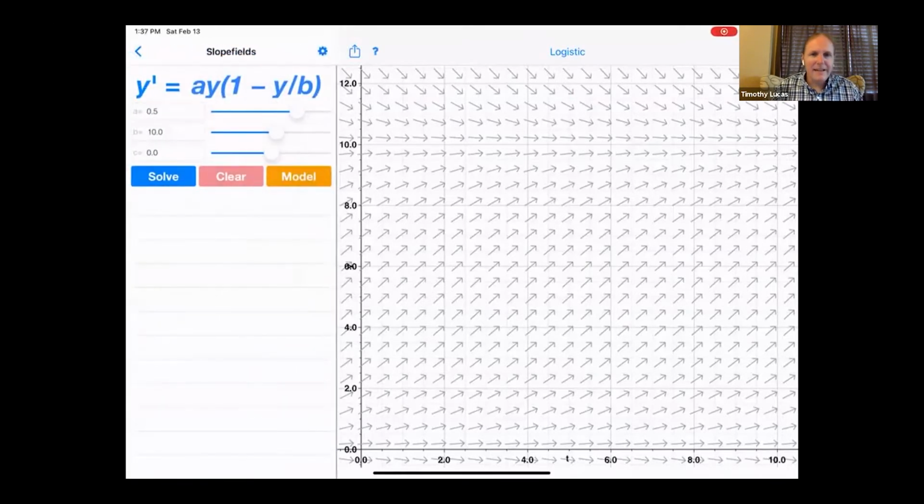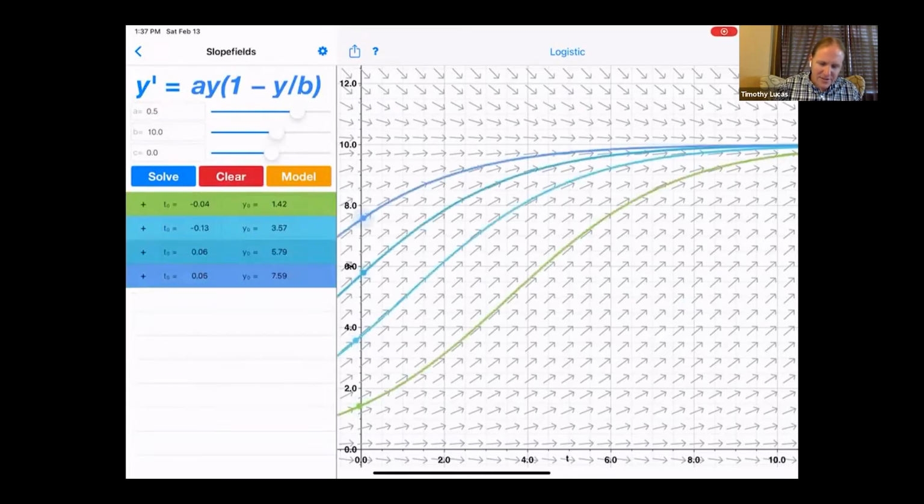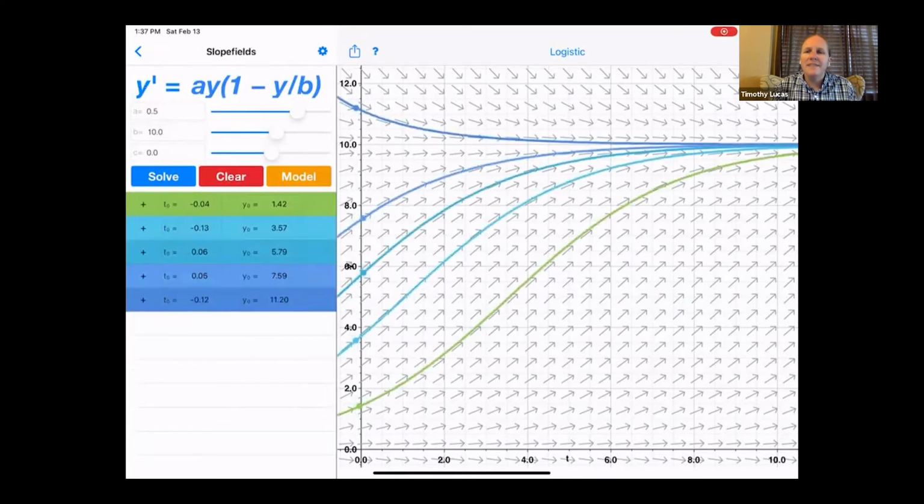So if we look at a logistic growth model, I'll ask them some of the same questions, but then I ask them to put some solutions on and start describing the behavior that they see for various initial values. Ask them to locate equilibrium solutions and what those look like on the slope field. And then we start talking about stability of those equilibrium solutions.